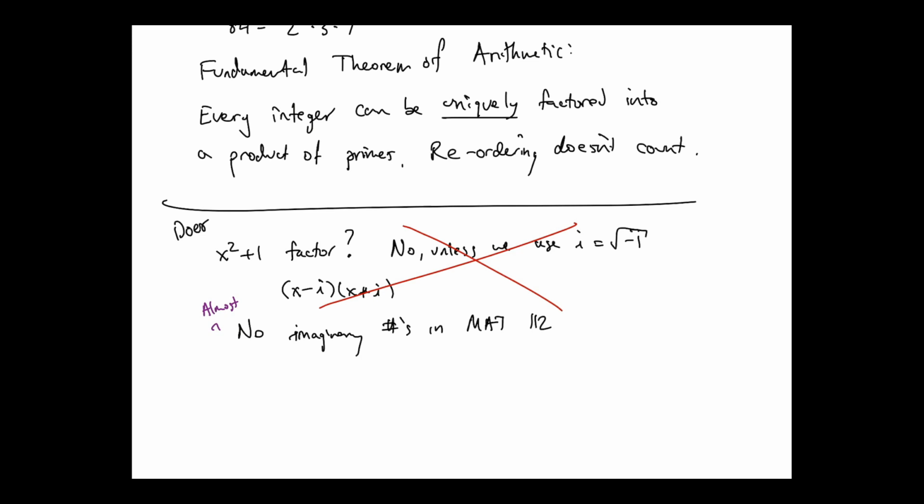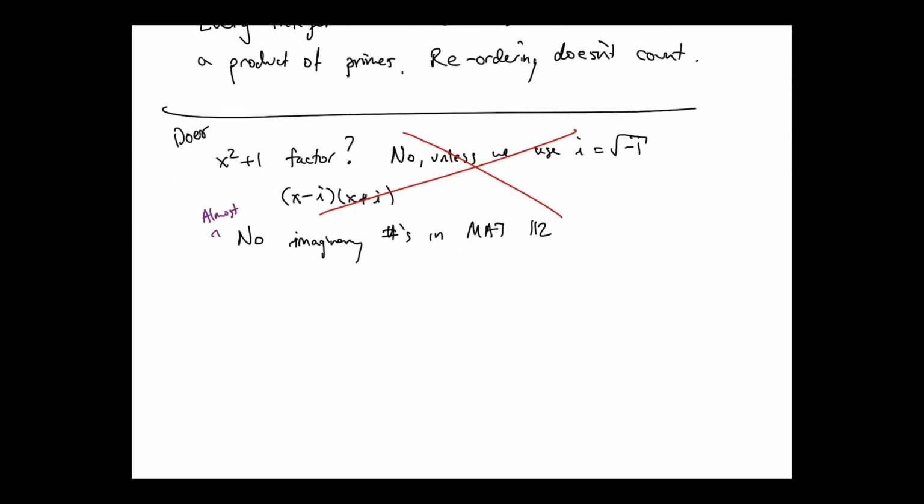What I'm going to call a term like that, that can't break up, is an irreducible quadratic. An irreducible quadratic would be any quadratic polynomial that has imaginary roots. x squared plus 1 is the easiest example of that.